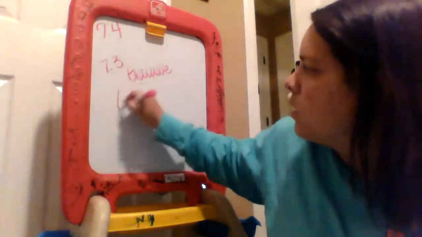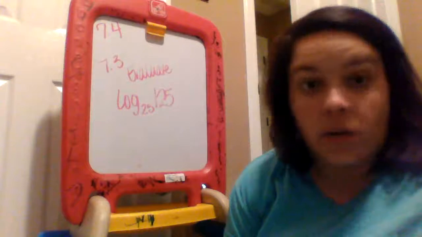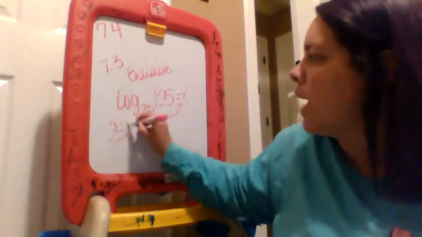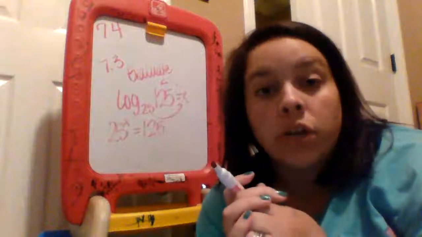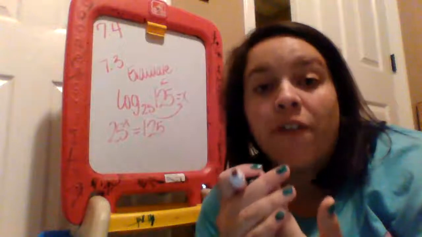Another one that we did last week. How about log base 25 of 125? I didn't know what it equaled, so I put x, and then I said 25 to some power equals 125. You looked across the rows on that paper for a row that had a 25 and a 125 in it, and you would have found those in the 5s.